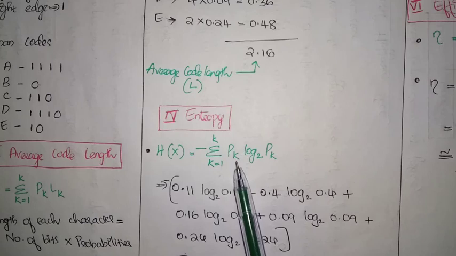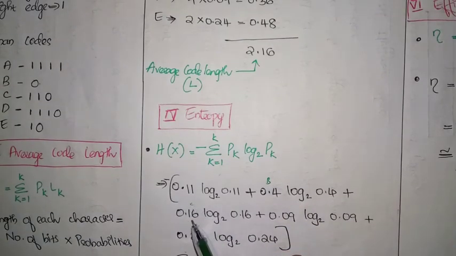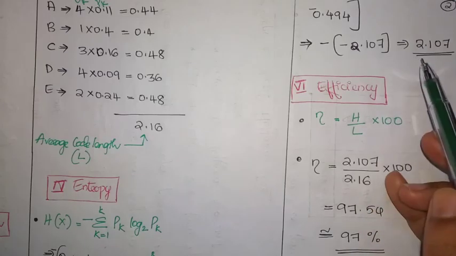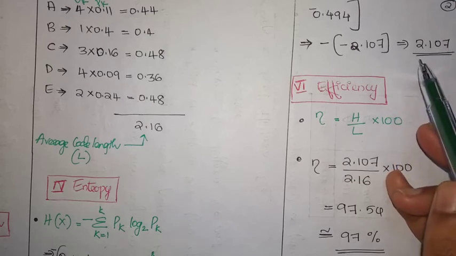We take the first probability, that of A, 0.11 log 2 0.11, then the probability of the next item B, 0.4 log 2 0.4, then the next item C, then 0.09 for D, and 0.24 for E. The final answer for the entropy is 2.107. This is our entropy value.